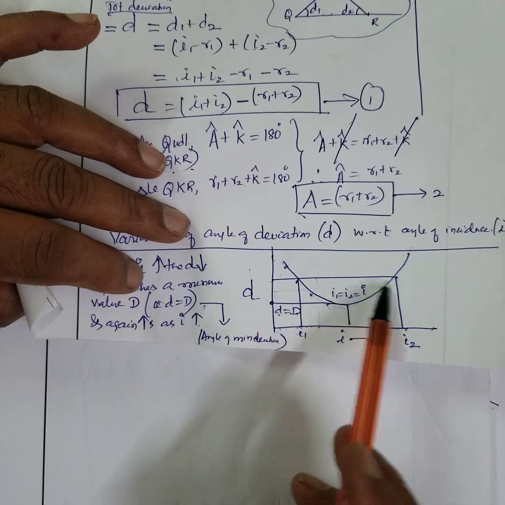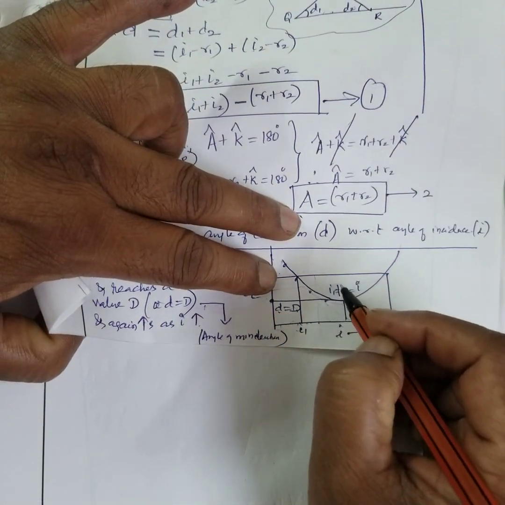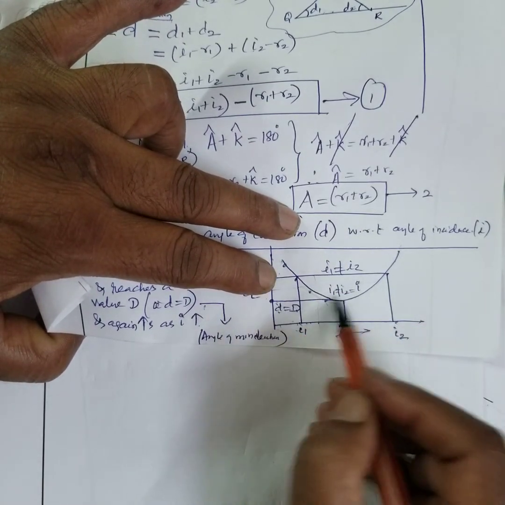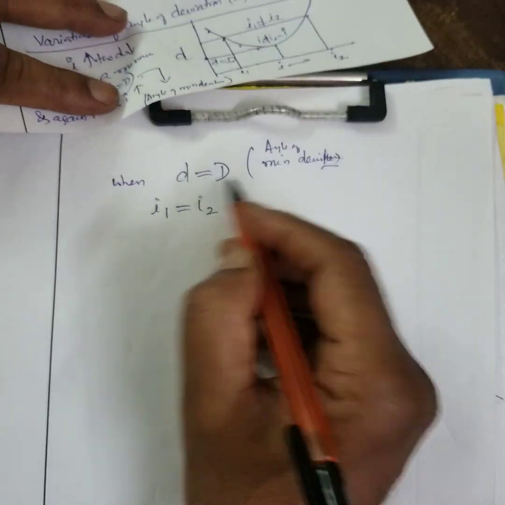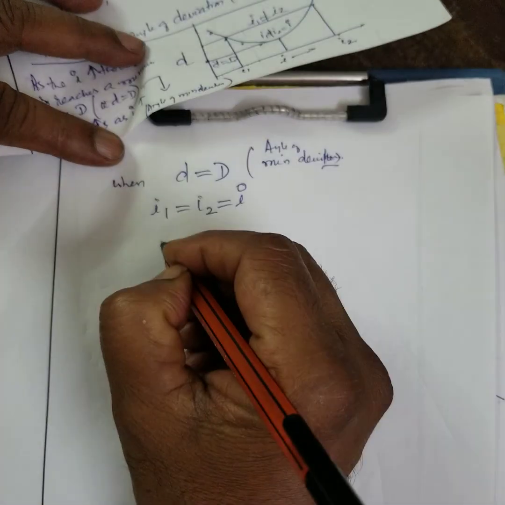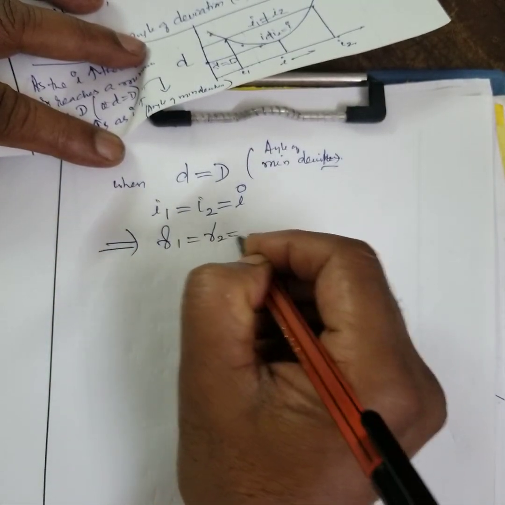For every deviation, there are two angles of incidence, where I1 is not equal to I2. At this place, I1 equal to I2 equal to I. Therefore, when I1 equal to I2 is equal to I, that implies R1 equal to R2 is equal to R.